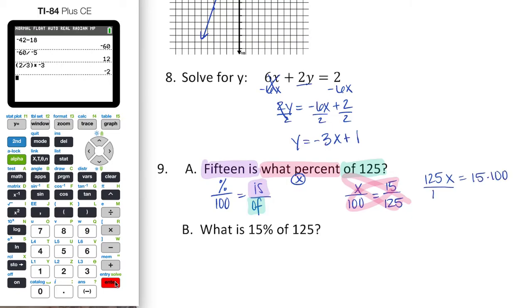We're going to end up dividing both sides by 125. And if we do that, we're going to have 15 times 100 divided by 125 for a total answer of 12.